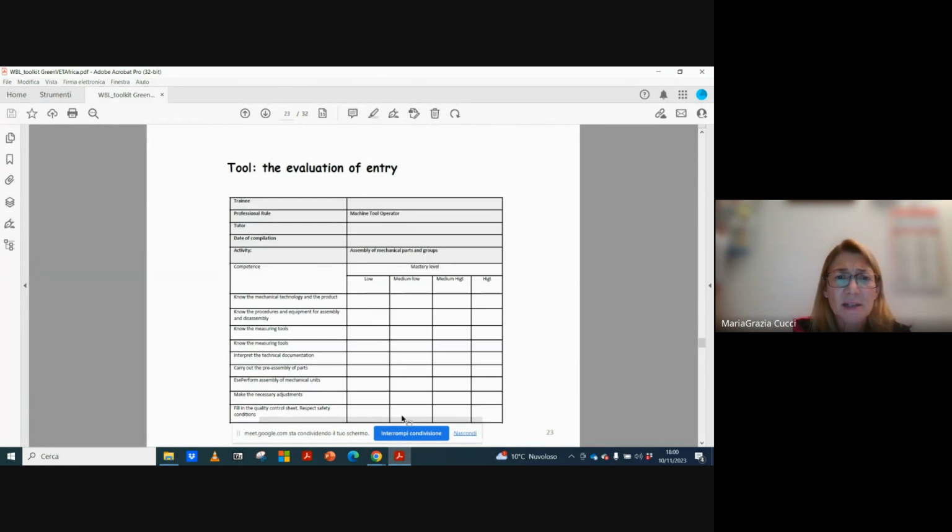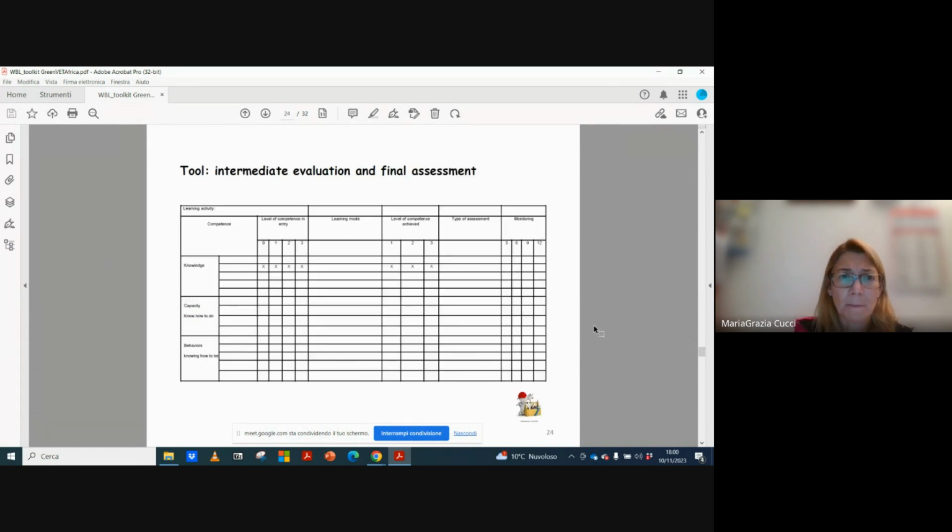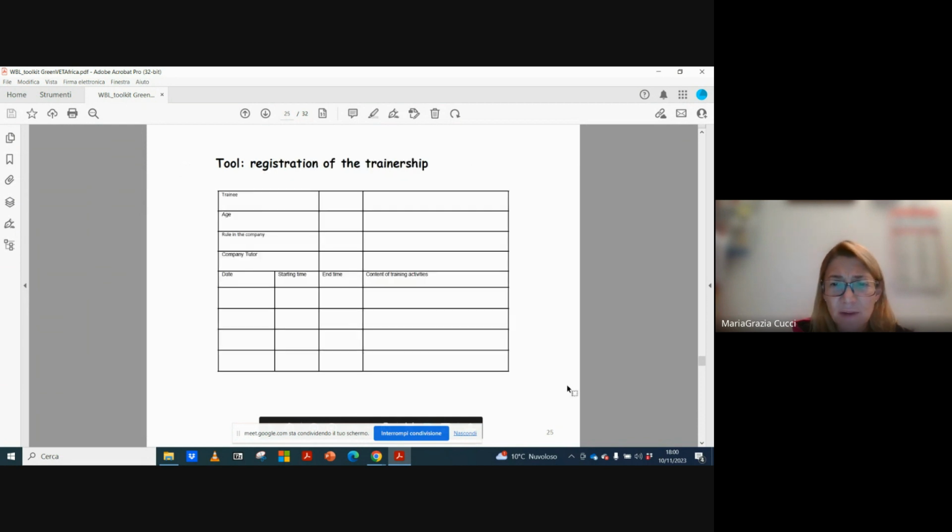And then this is something that you can use for something very specific. You see, carry out the pre-assembly of parts. Not a general one, but a technical one. You are not supposed to use everything.